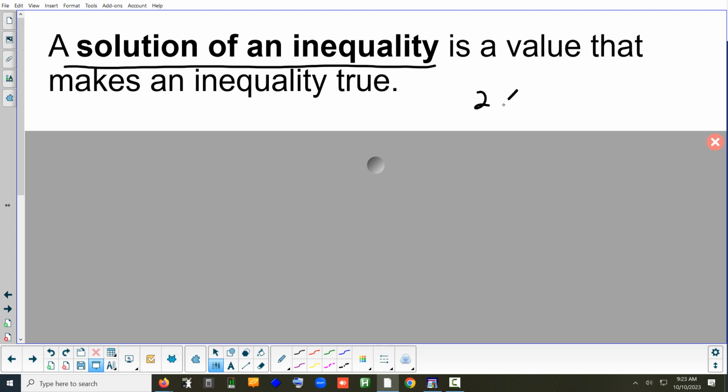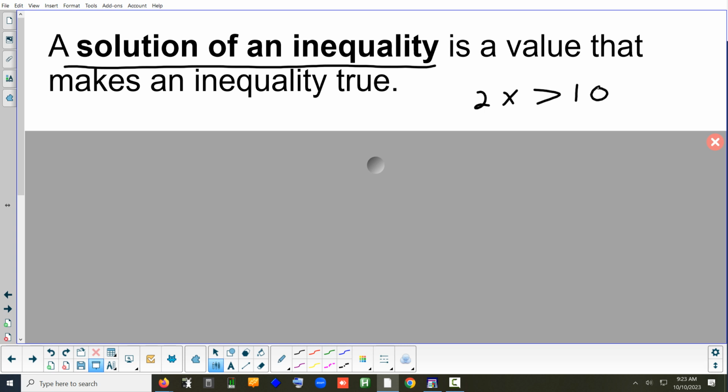So for example, let's take 2x is greater than 10. Let's say I plug in 6. If you fill in 6 for x, what's 2 times 6? 12. Is 12 greater than 10?